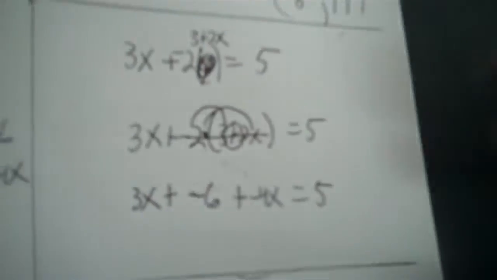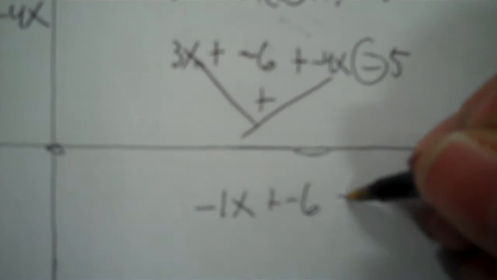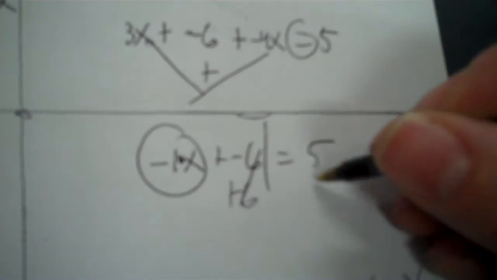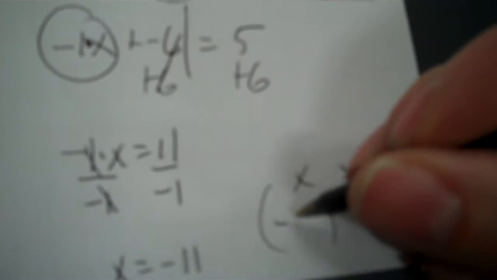Then you add your 3x on the side. Okay, so I have combined my x's, a negative 4 plus a positive 3 is a negative 1x plus the negative 6 equals the 5. So I add 6, that's 11. Divide by negative 1, and that's negative 11. So x is negative 11.